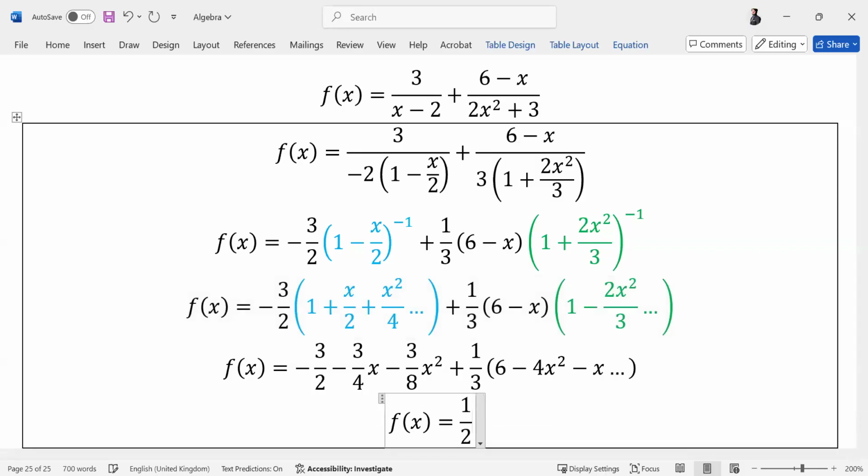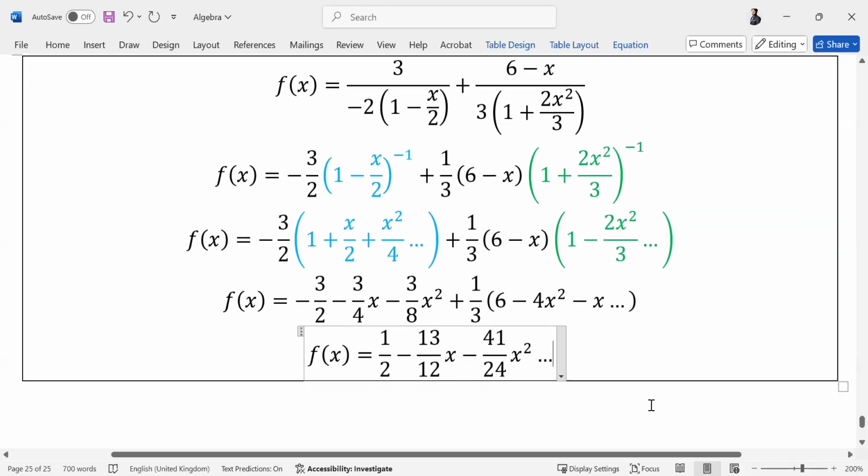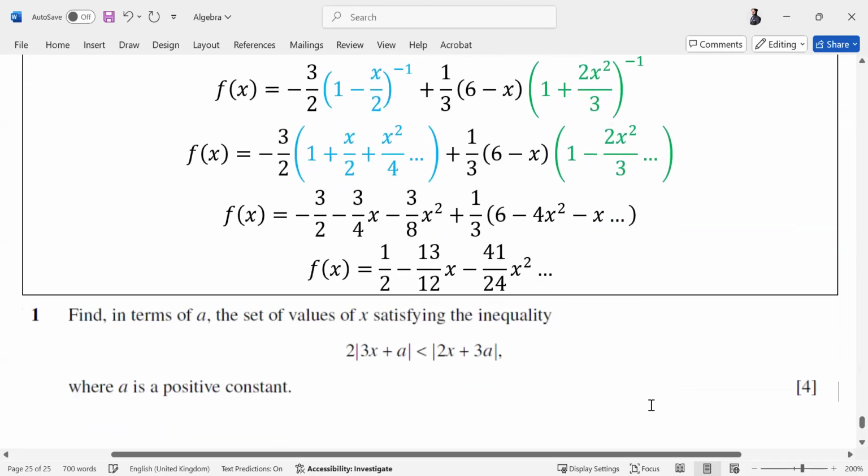One upon two, 13 upon 12 x and you're interesting you with the values. मैंने निकाली भी नहीं है. Whatever value you've got.